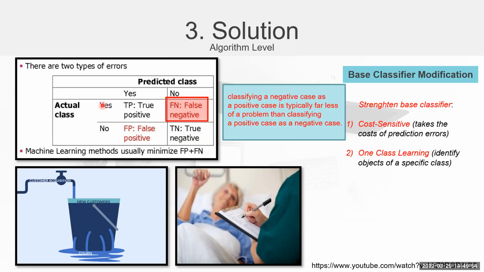Actually, he is sick, he has the rare disease, but the machine learning predicts him as a normal patient. It is very dangerous, because the patient will not get the right medicine, and maybe he can die.